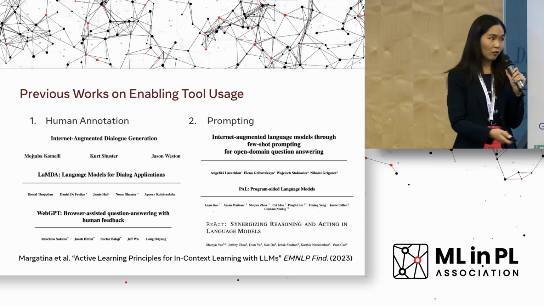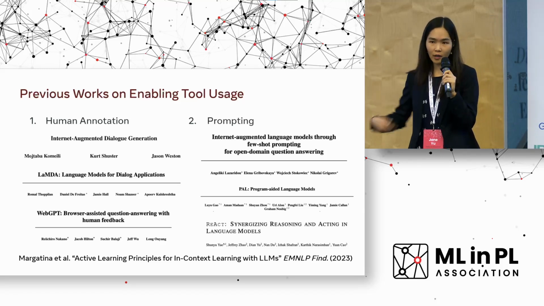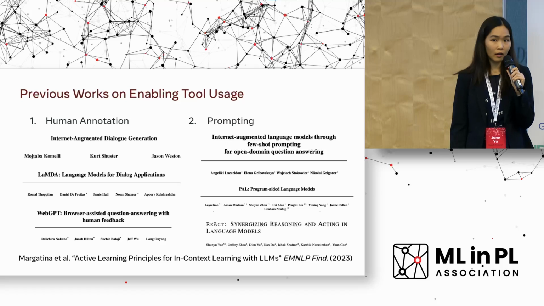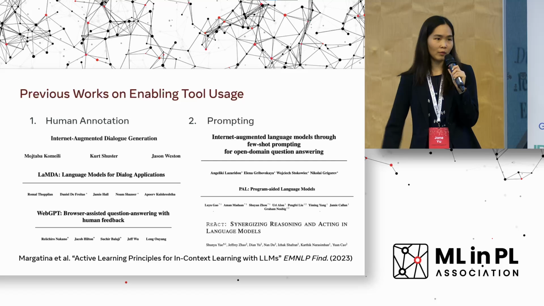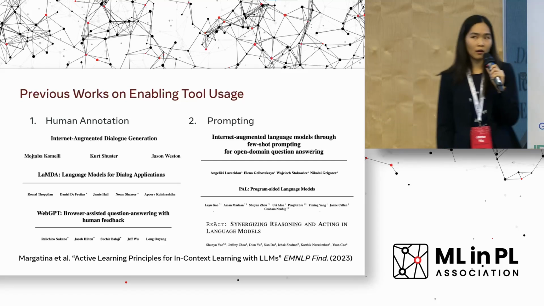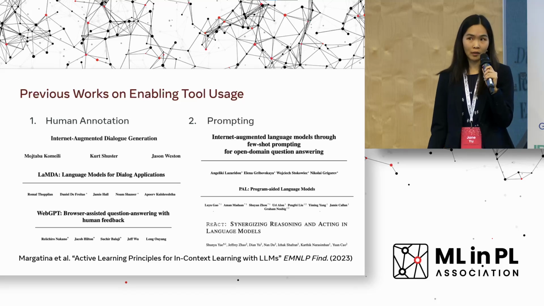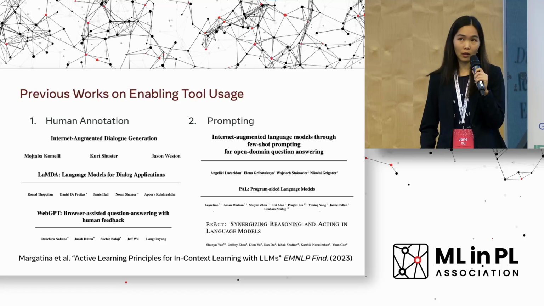So maybe you make it for one tool, but it doesn't generalize well to another tool. You'll have to redo this process every time you get a new tool. And as we also see in this paper, Active Learning Principles for In-Context Learning, the model is super sensitive to what kinds of examples you pick, and so your performance is going to vary wildly. And as we see in this paper, we will leverage prompting, but we'll see that the model makes a lot of mistakes when you rely just on prompting.